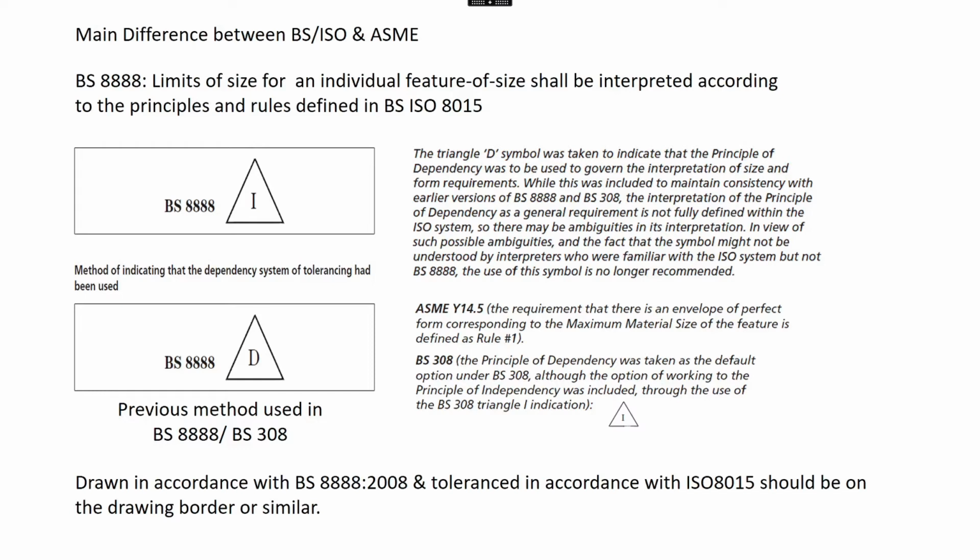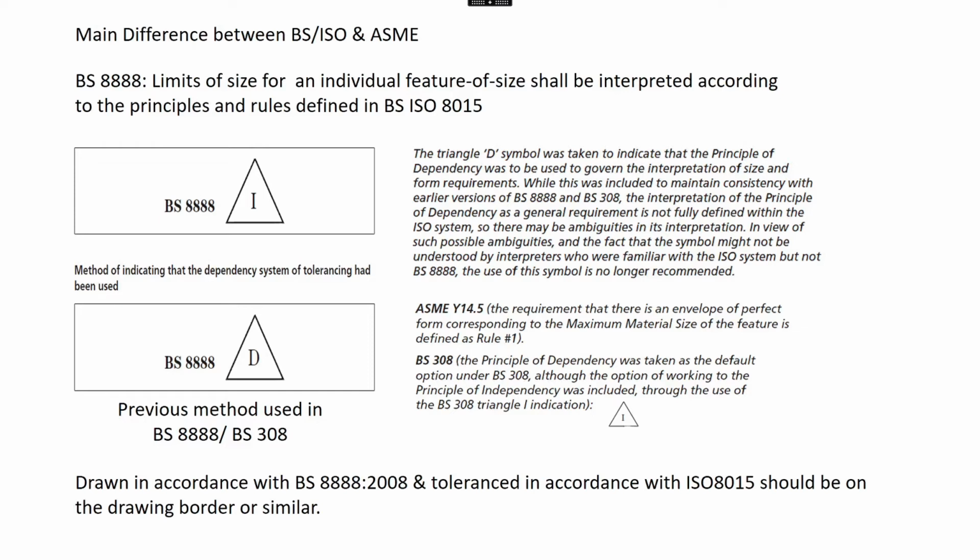So when you're doing a drawing with a D in it, you don't need to put a lot of roundness or cylindricity symbols on the drawing, because the size itself and the tolerance on the size define how round something can be, or the cylindricity or the straightness and things like this.